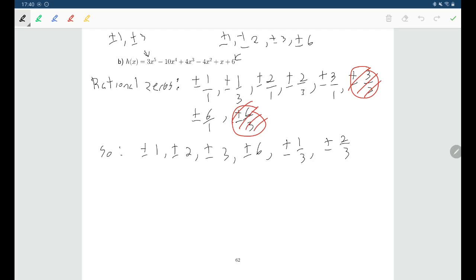I'll start with maybe the nicest one, the easiest one, which is starting with 1. So I'll check whether 1 is a factor or not. 3, negative 10, 4, negative 4, 1, and 6. And so we'll do synthetic division, just multiplying and adding, and multiplying and adding.